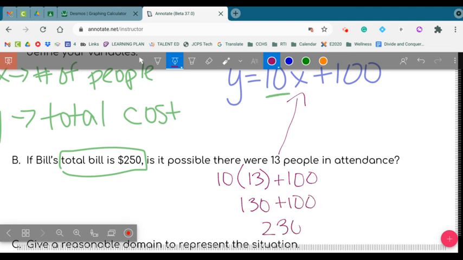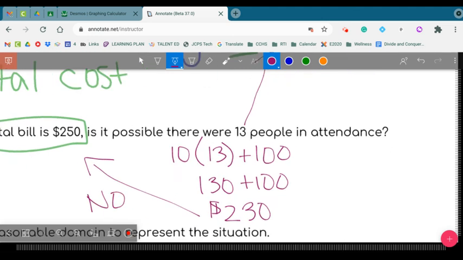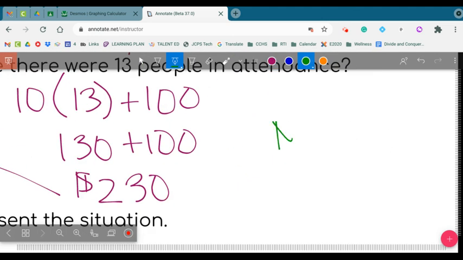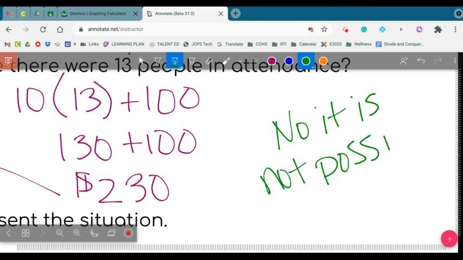This will give you 230. So if it costs you 230, did he have 13? Since it costs 230, are those the same? No. So is it possible there were 13 people in attendance? No, it is not possible. There would be more than 13 people in attendance.